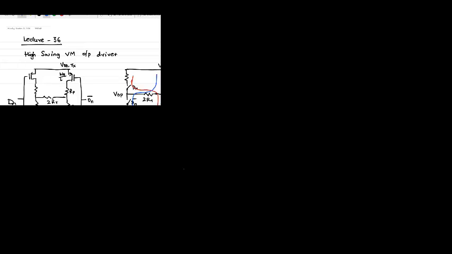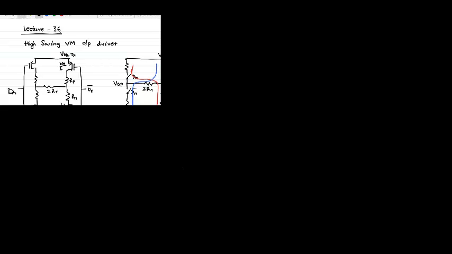Now the question is that the impedance which I have drawn in the simplified diagram as RT should be equal to your RMOS plus RP. Let me call this RPMOS of a PMOS transistor and the poly resistance.